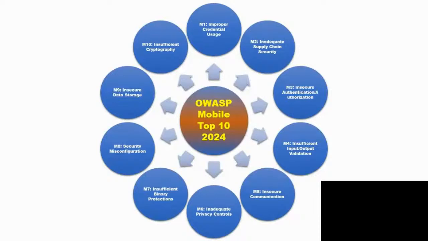Everybody wants to build very fast and ship their product to users at a fast pace, and they will rely on third-party libraries or third-party frameworks. Most of the time, if you are not being careful, there are lots of rogue libraries and rogue frameworks out there that will mimic the original library.